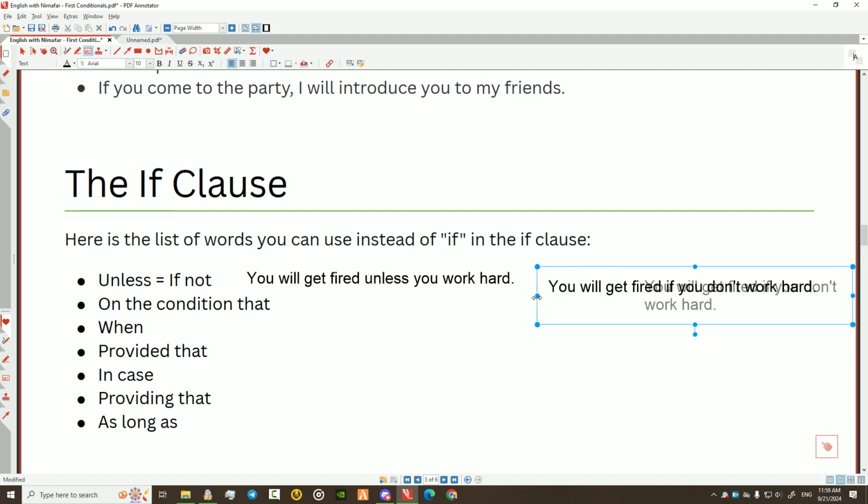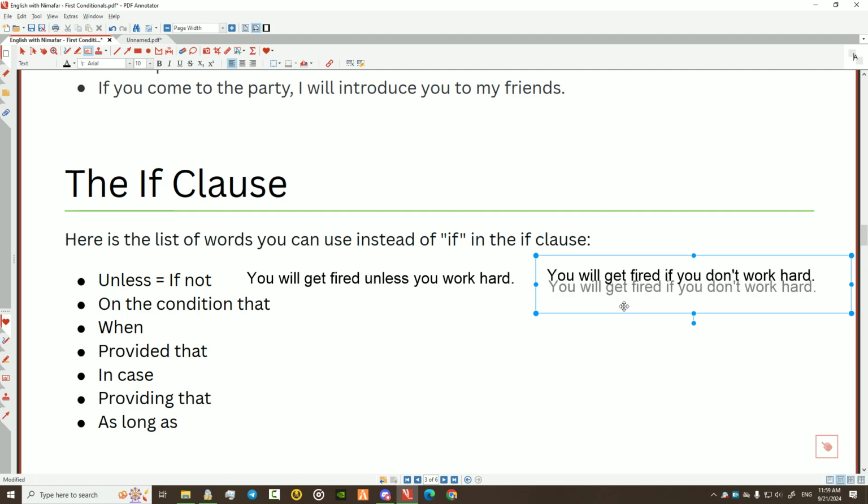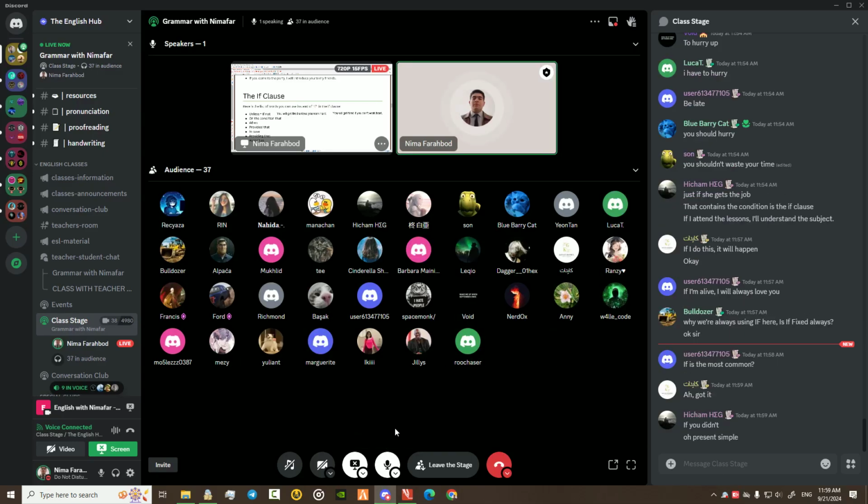You can see two sentences with actually the same meaning. You will get fired, work hard. The difference is, we said, you work and you don't work.